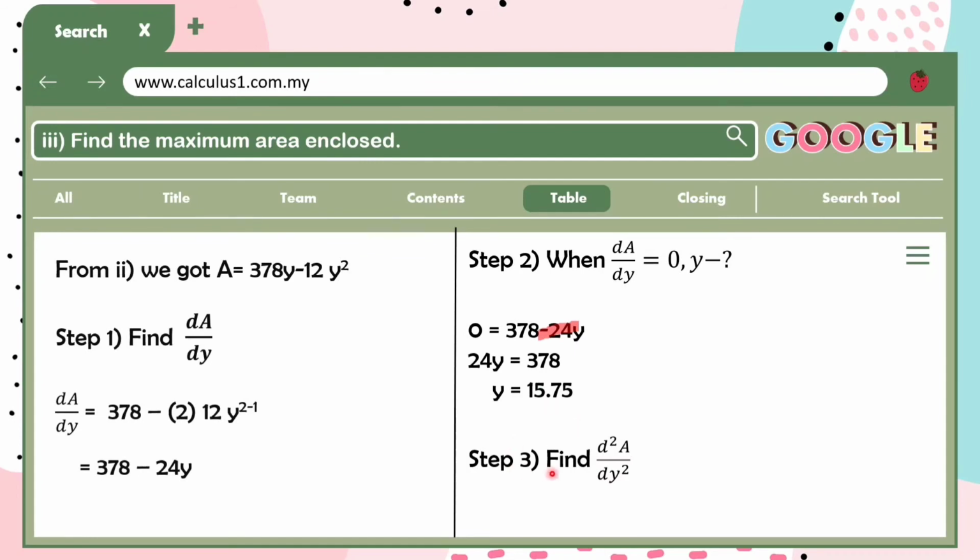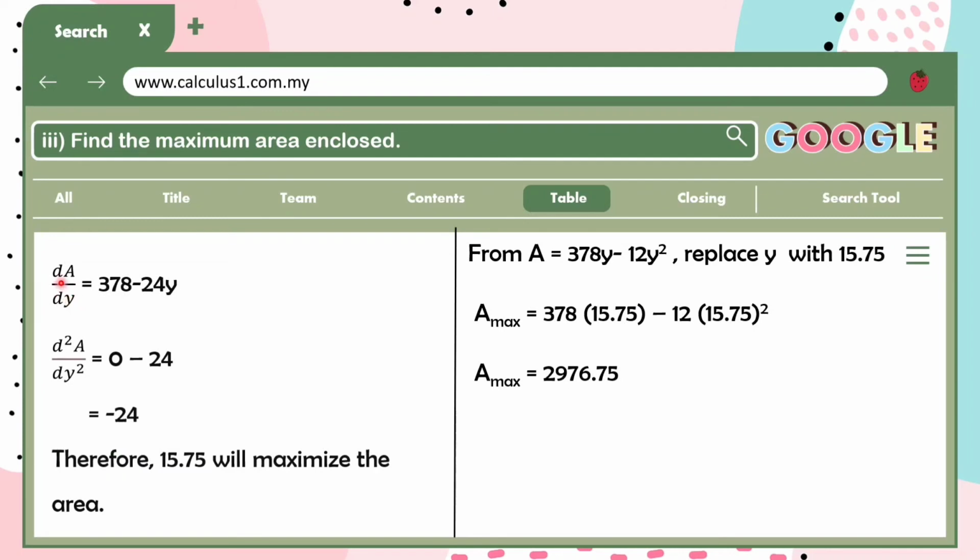Step 3, we find d²A over dy². That means we differentiate dA over dy again, using the second derivative. Our dA over dy is 378 minus 24y. When we differentiate 378, we get 0 because we are differentiating a constant.